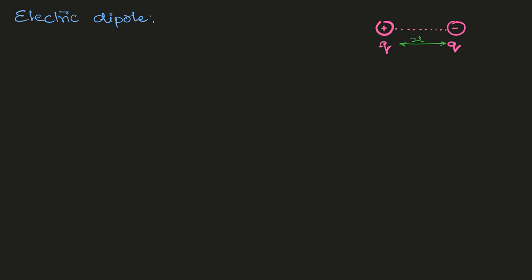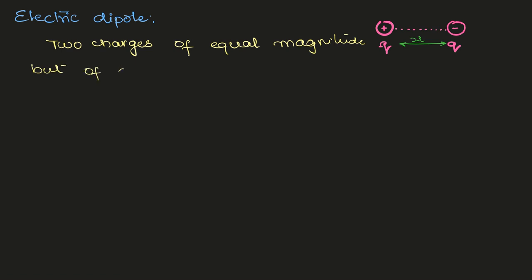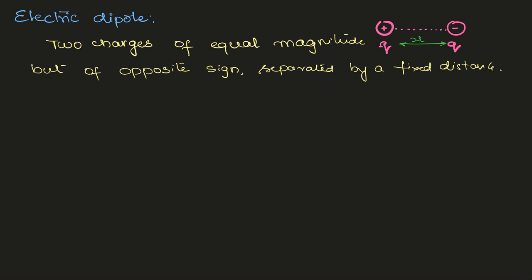So an electric dipole consists of two charges of equal magnitude but of opposite sign, separated by a fixed distance. We'll call that a dipole.